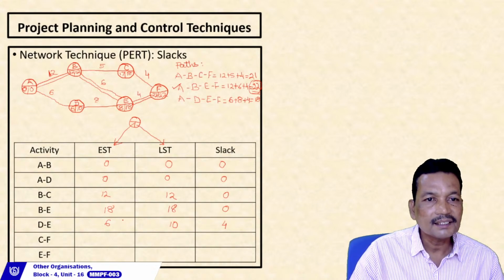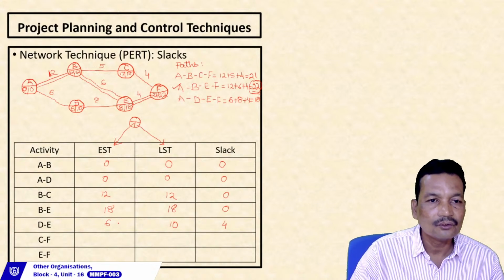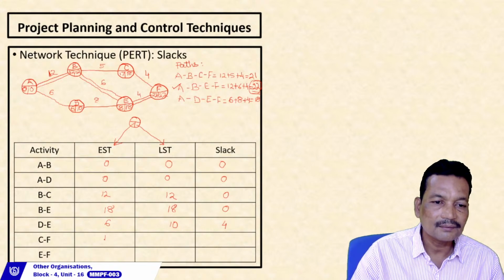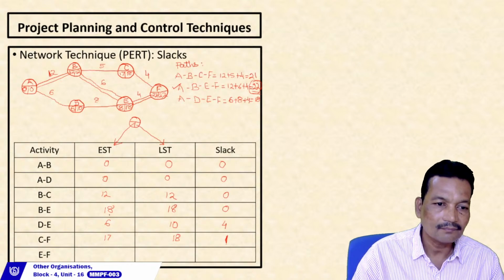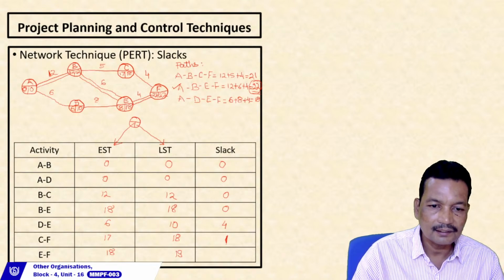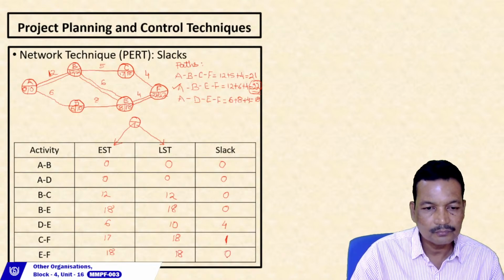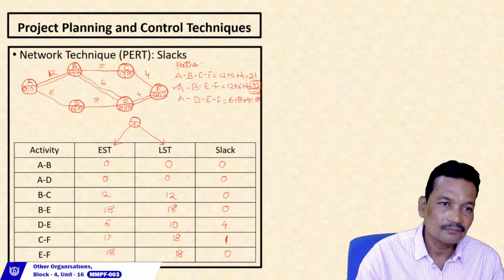Similarly, look at CF. It is 17. This is 18. So we have a delay of 1 day. EF. It is 18, 18. So the delay is 0.